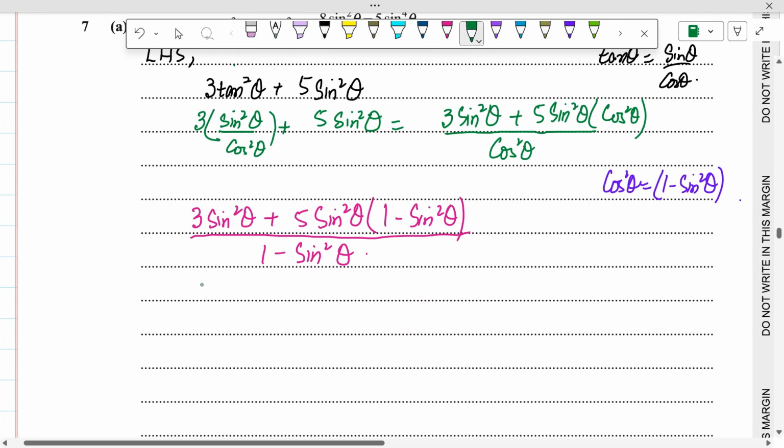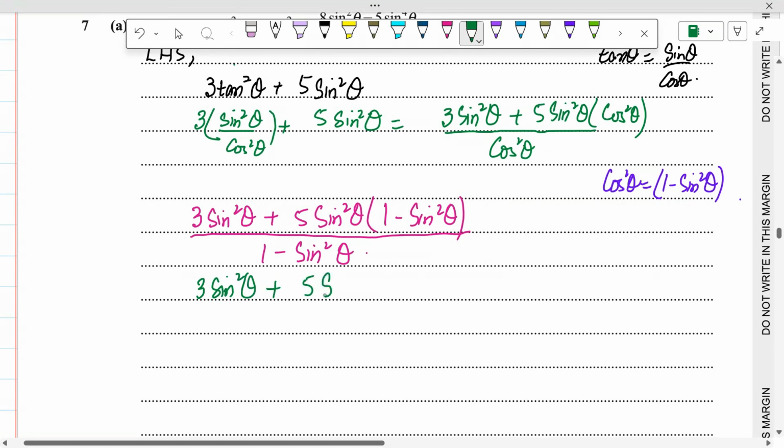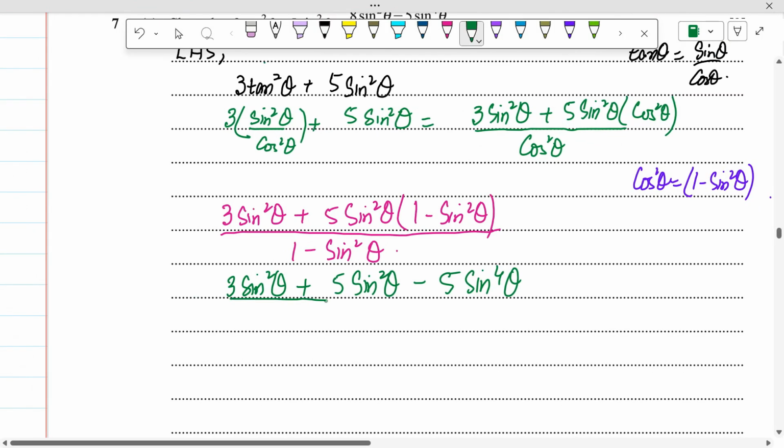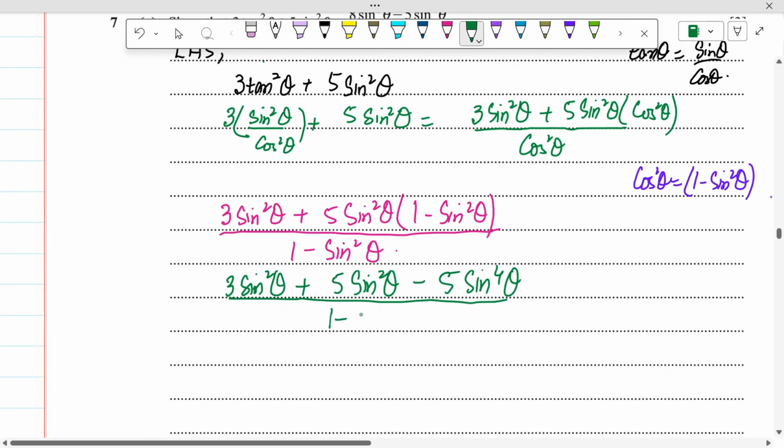Further solving, we will have 3 sine square of theta plus 5 sine square theta times negative sine square theta, meaning negative 5 sine to the power of 4 theta, over 1 minus sine square of theta.